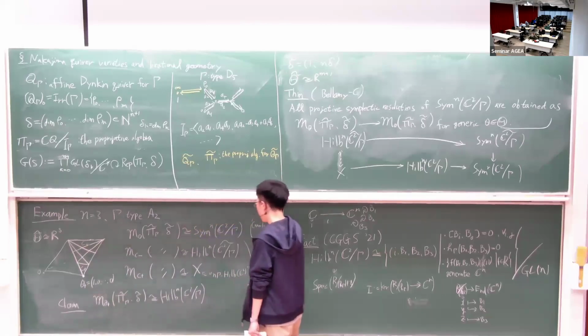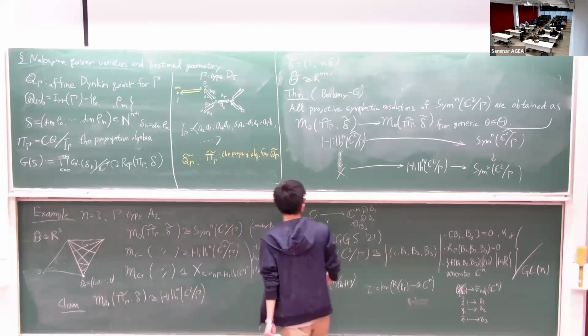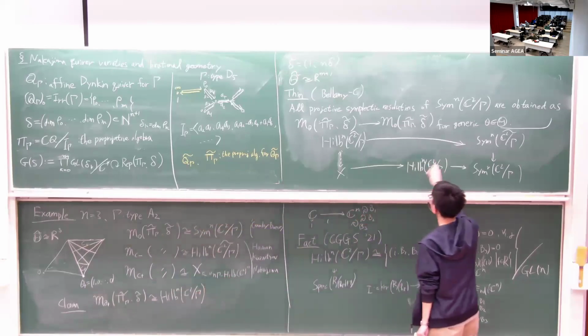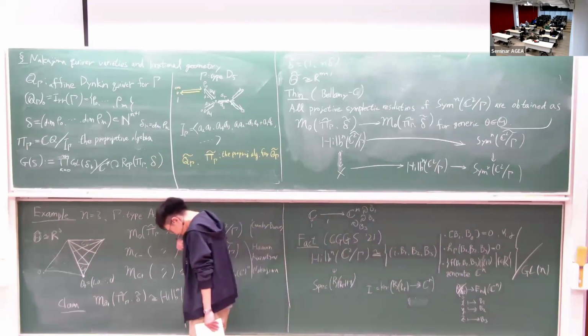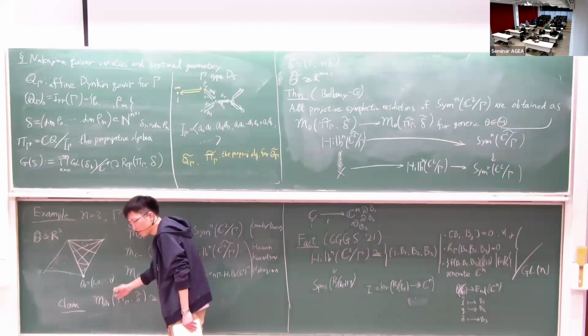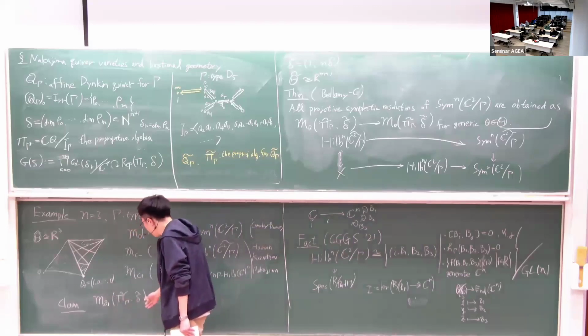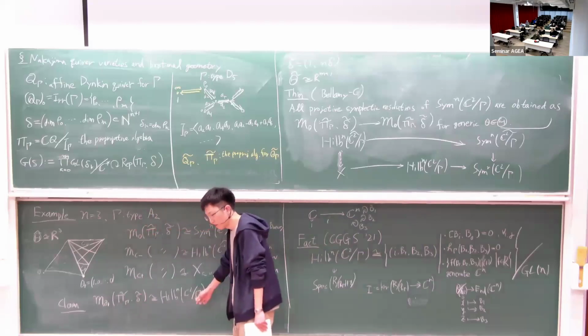So if we can prove this, the Hilbert scheme fits into this part of this diagram, and also by a general result, this is a normal irreducible variety, so we can prove the main result for this specific surface singularity.